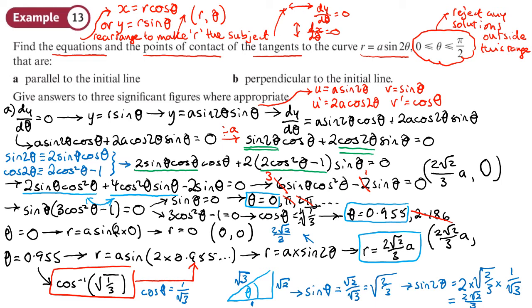And then the other one is 0.955. So that came from using this value of R and this value of theta. So let's just highlight those before we carry on with the rest of the question.